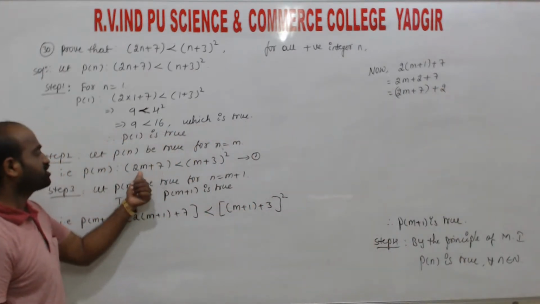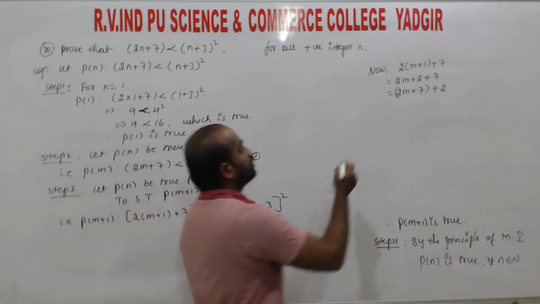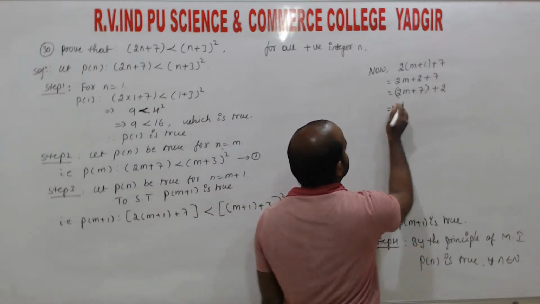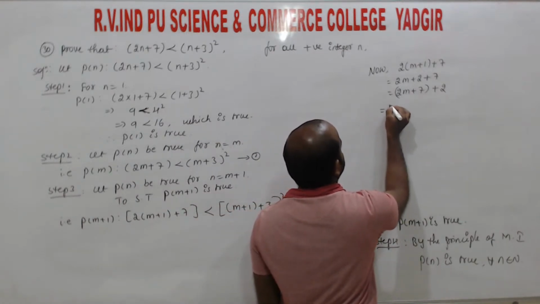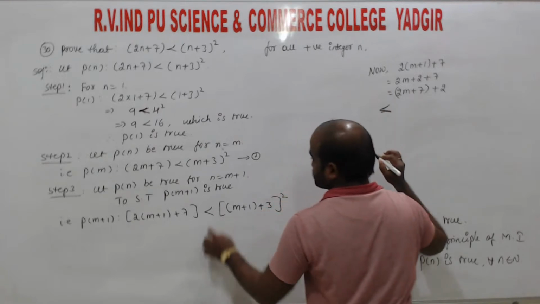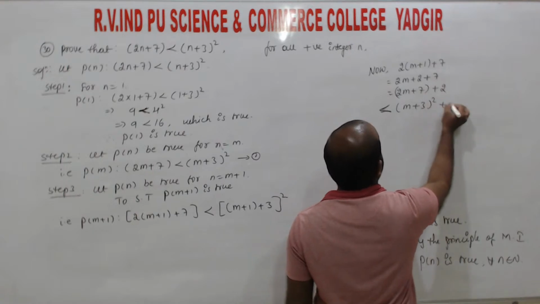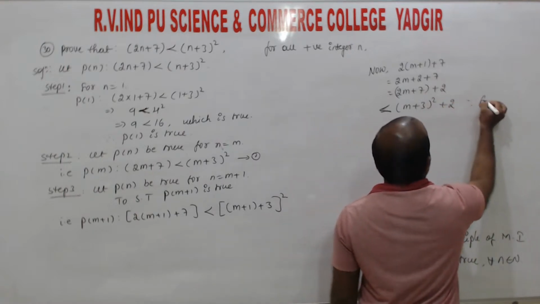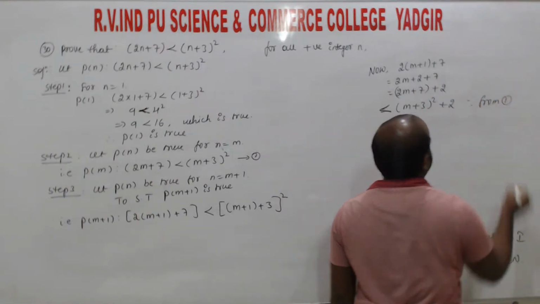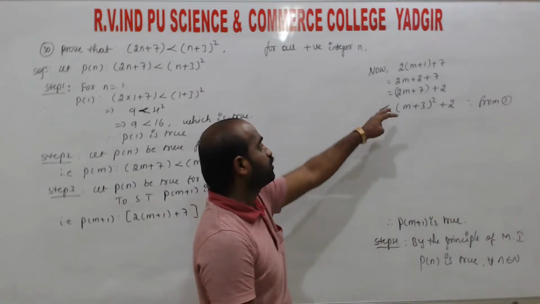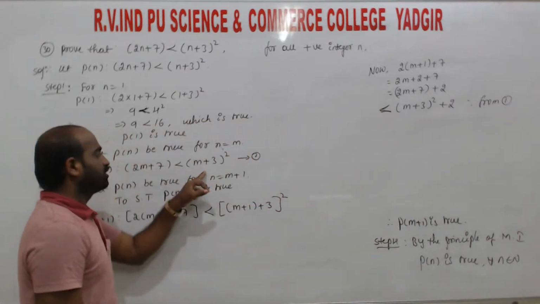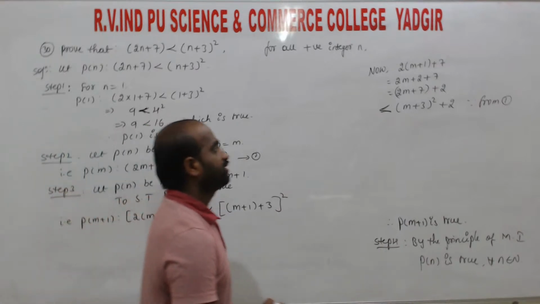Okay, you have to use equation 1. 2m plus 7 is less than what? 2m plus 7 is less than m plus 3 whole square, plus 2. From equation 1, 2m plus 7 is less than m plus 3 whole square.